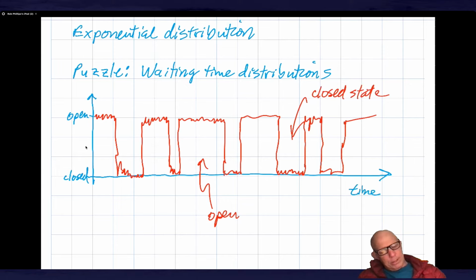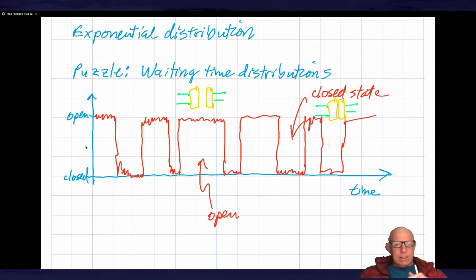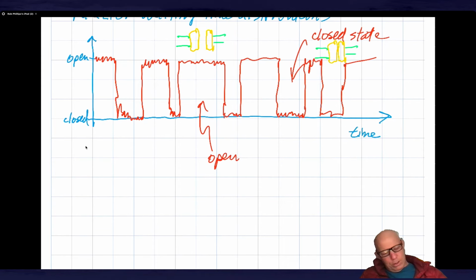And the way I might represent that is to say that here, I have some ion channel, and it's open in this situation, and then in the closed case, which I'm going to put over here, no, it's closed. So this is the closed state. Okay, so the channel is fluctuating back and forth between closed and open.